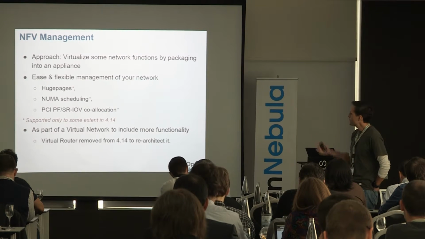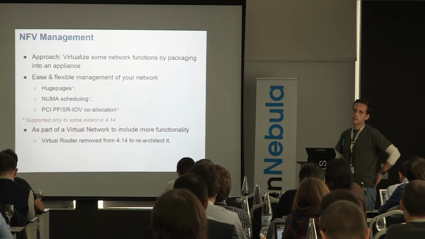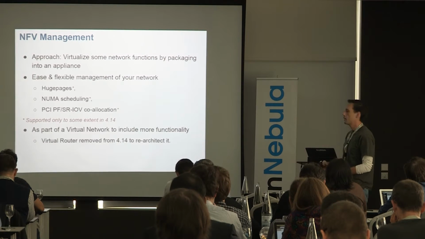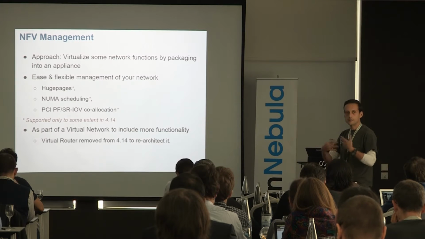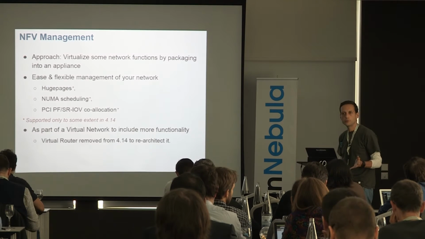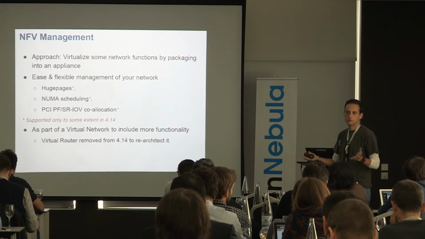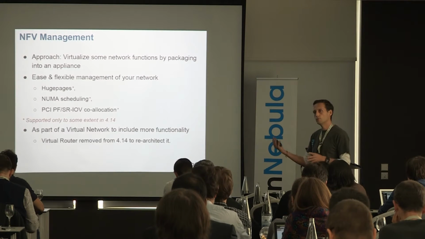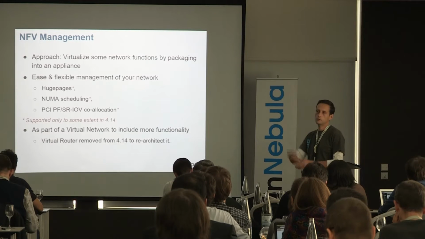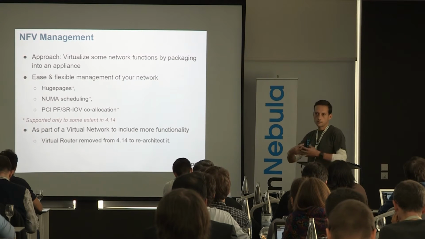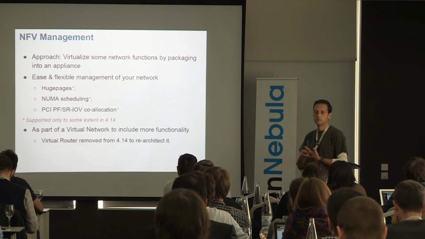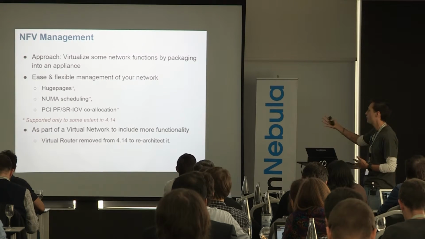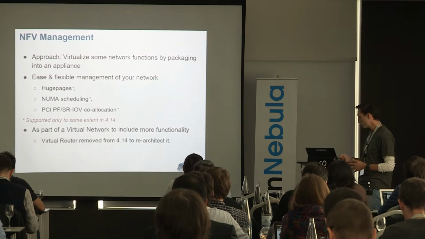So we have decided to remove the virtual router that we have provided until now, and we are working on re-architecting the whole virtual routing feature, both the appliance we are going to provide and the interface to that appliance, because we wanted a more coherent and integrated solution for virtual networks with the virtual router.